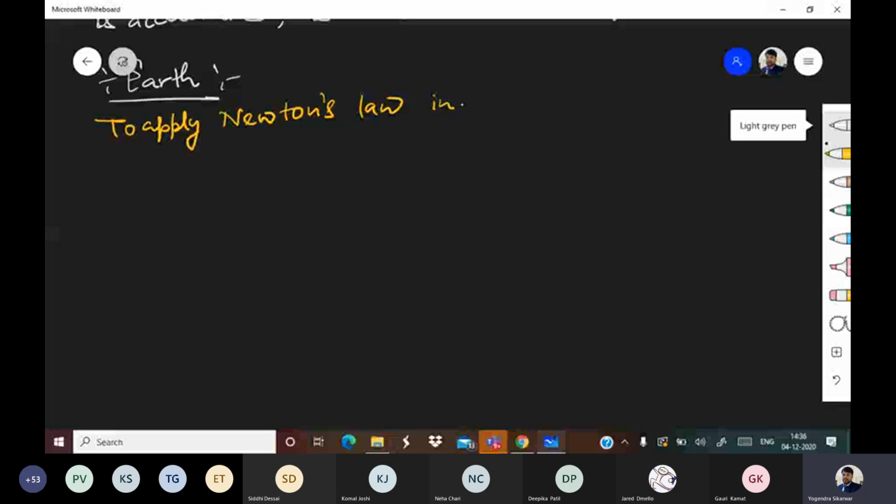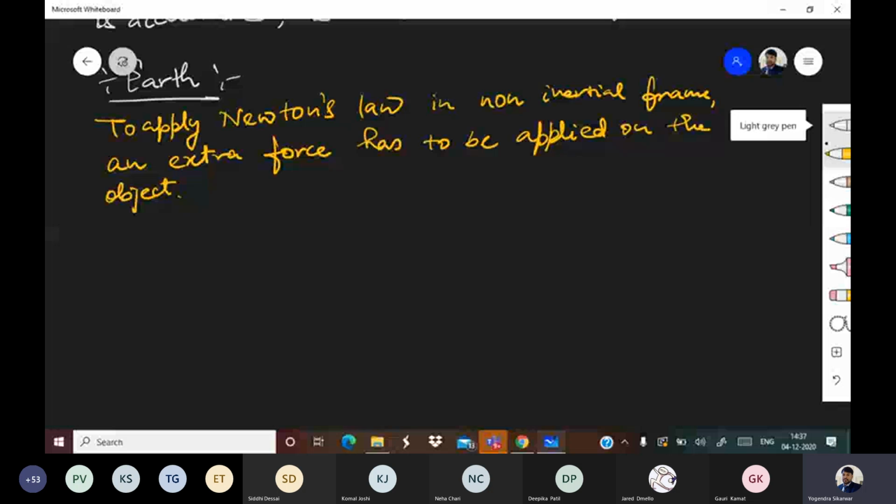That means the motion of an object is studied from an accelerated frame. So this is the criterion for pseudo force to be applied: the study of motion should be done from a non-inertial frame, right?